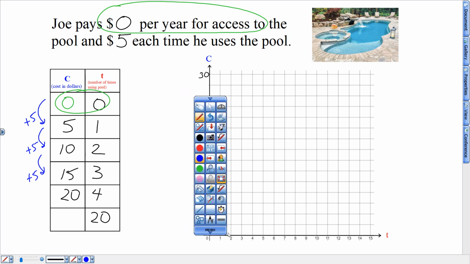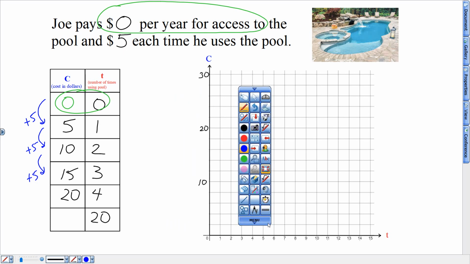So if I write this equation, it's going to be the cost of using this pool situation is $5 each time, and then plus that $0 you're spending at the beginning. It's free. Of course, the $0 is free access maybe. So that would be C equals 5T.